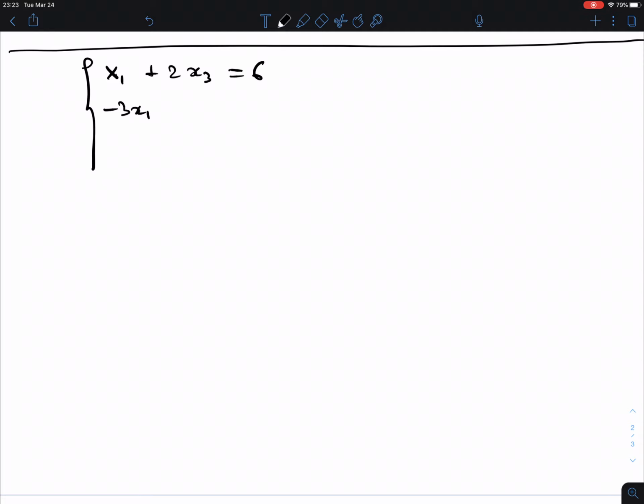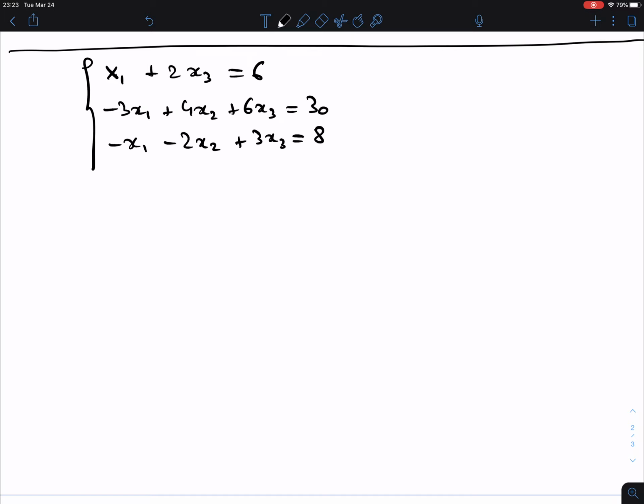Minus 3x1 plus 4x2 plus 6x3 is 30, and minus x1 minus 2x2 plus 3x3 is 8.